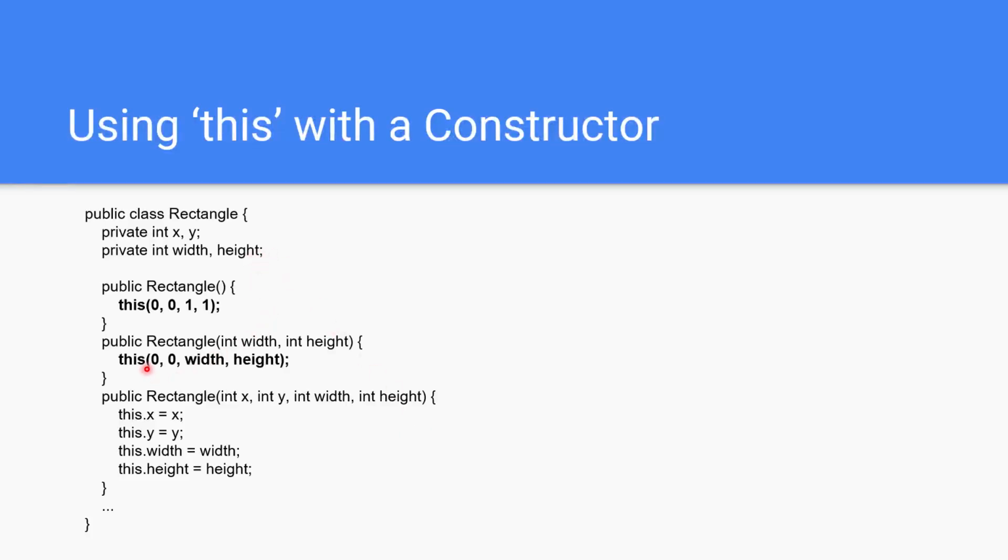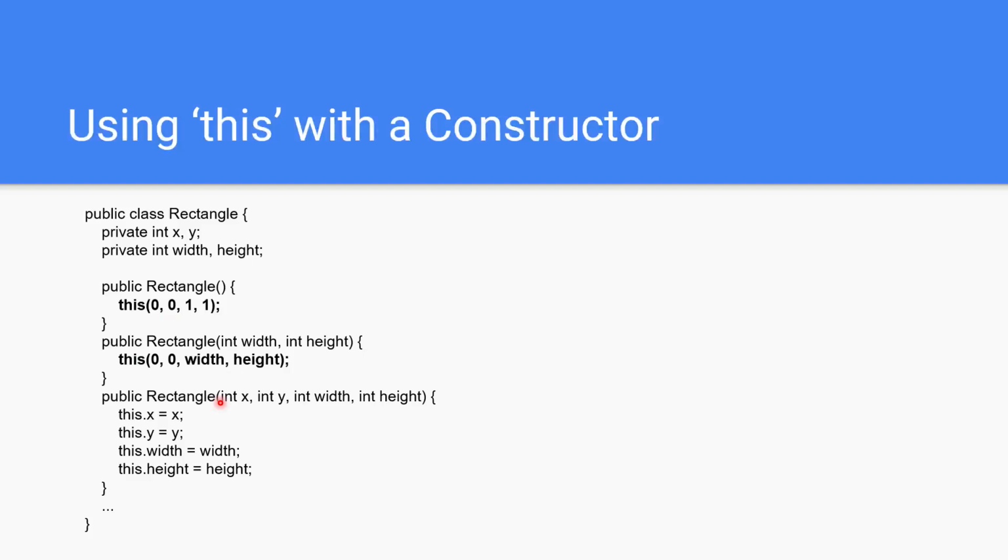Again, here we are using this to reference how the variables are passed in. And we can see that from these constructors, we're calling this version of the constructor here using the this keyword.